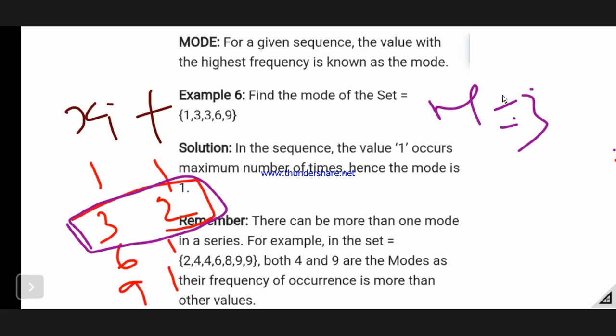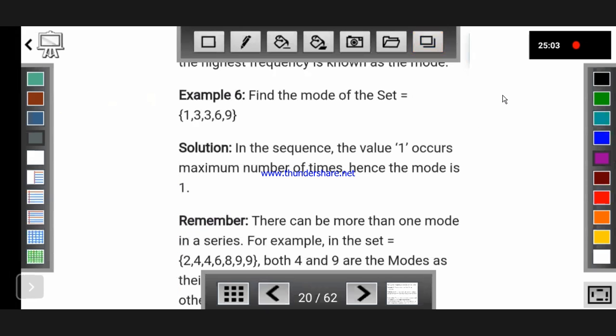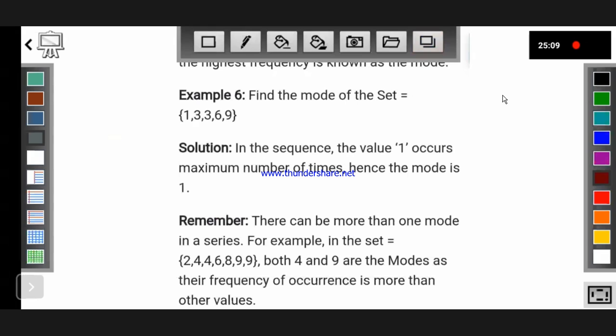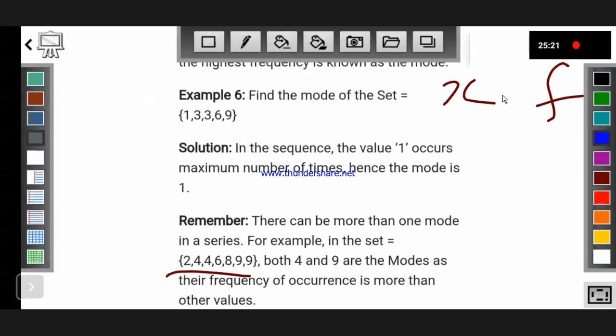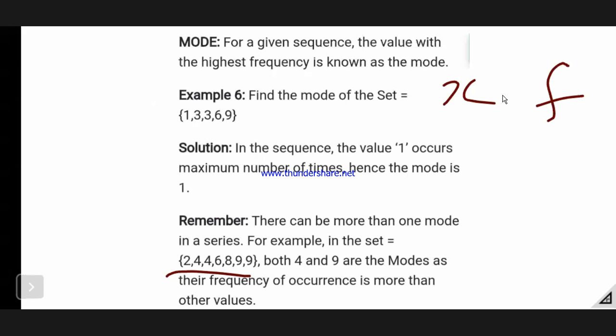In certain cases, they may give a set with certain numbers. Let's calculate the set values and the frequency of the set values. 2 has occurred 1 time. 4 has occurred 2 times. 8 occurred 1 time and 9 occurred 2 times.